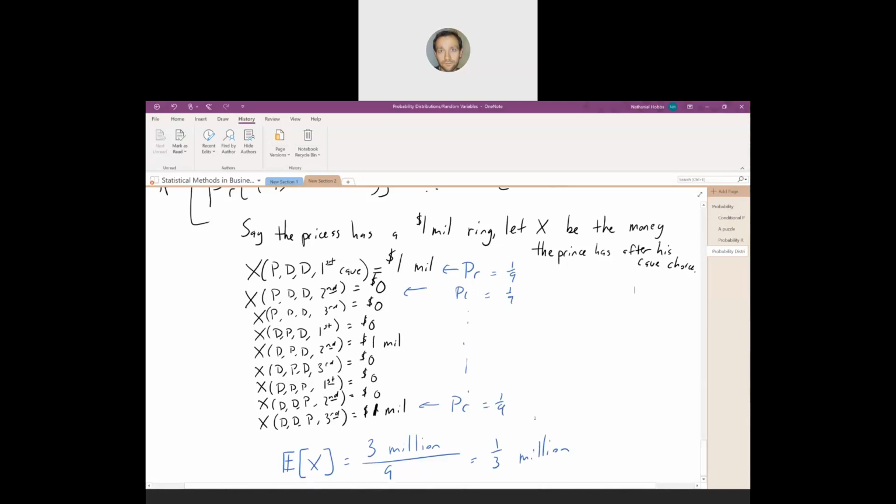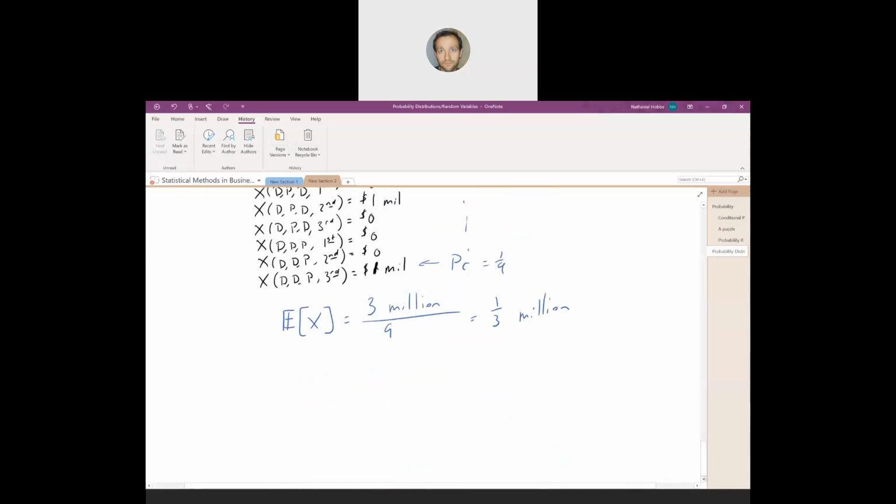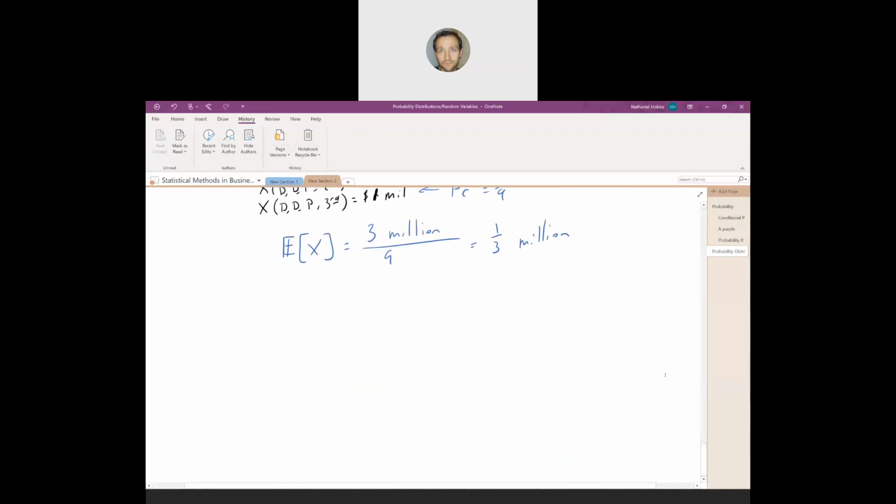So that's what's here in blue. Each of these probabilities are coming from the probability distribution. So the probability of getting this 1 million, not 1 million in general, but this 1 million, has a probability of 1/9, and so on and so forth. You can compute the average value, which is a very important, useful thing.